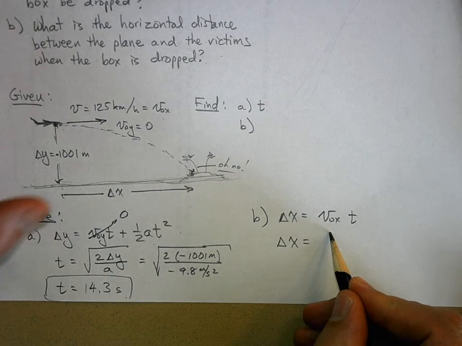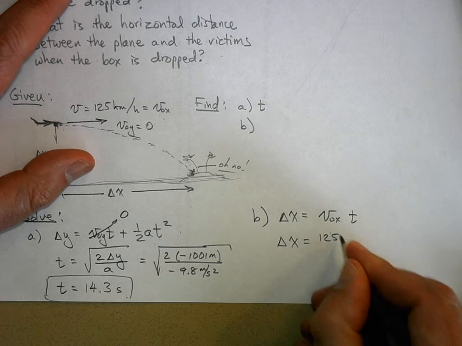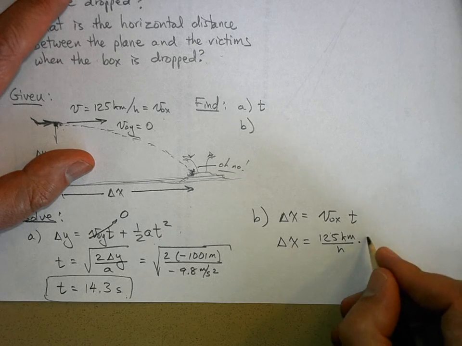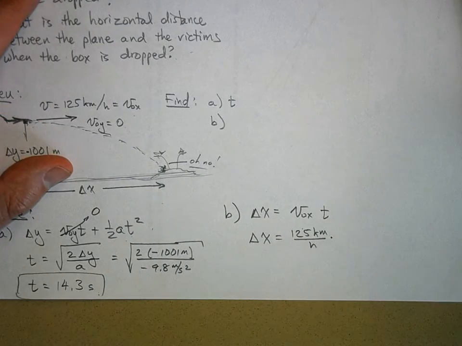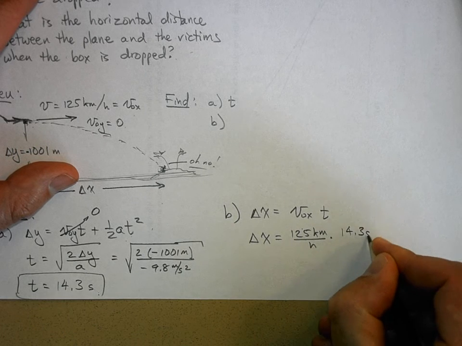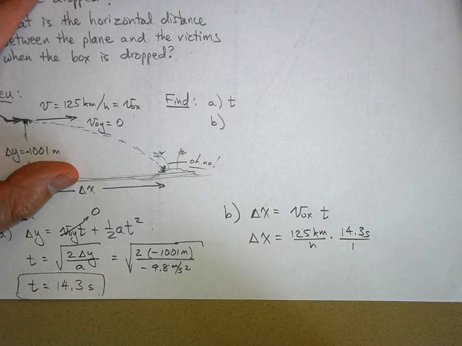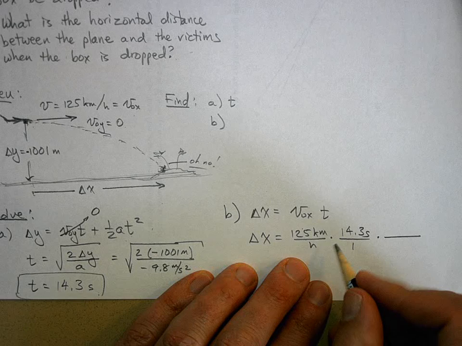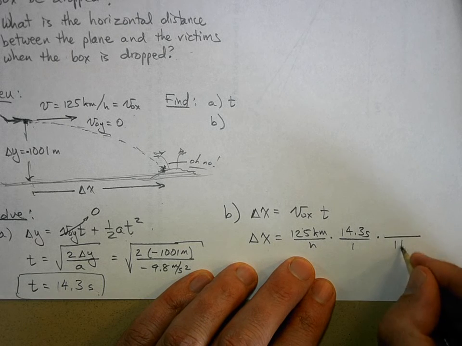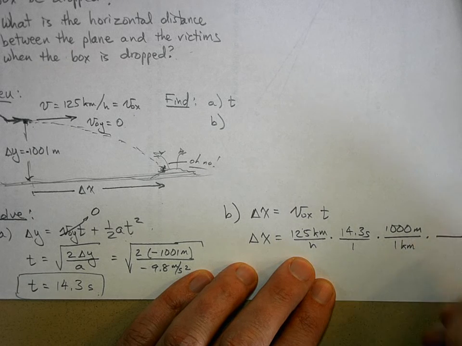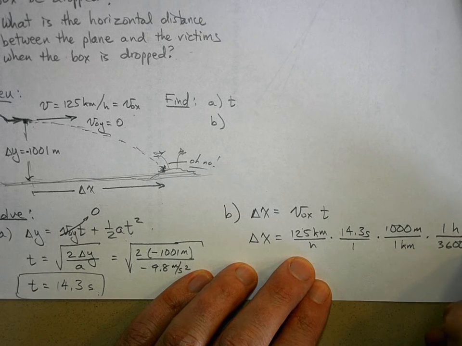Now, v naught x is 125 kilometers per hour times a time of 14.3 seconds. Well, nothing cancels here. Let's do it in meters. So we got to do unit conversion. Get rid of kilometers. 1 kilometer is 1,000 meters. Get rid of hours. 1 hour is 3,600 seconds.